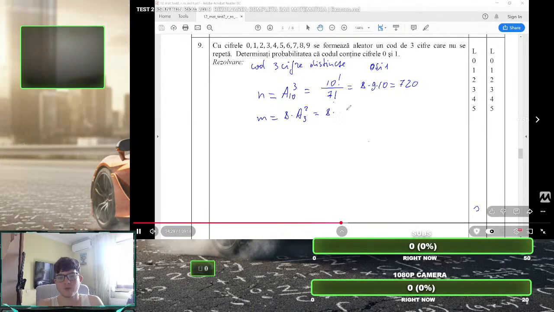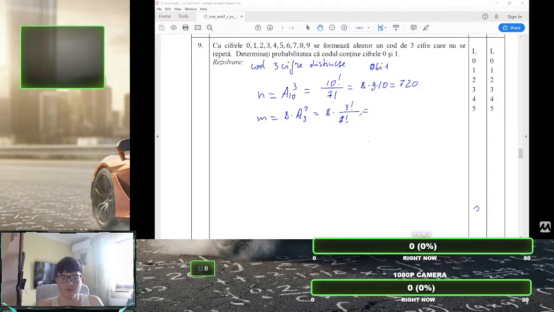Let's skip through. He did 8 times arrangements of 3 take 2. Well, yes, that makes sense, but I would take another approach here. He's done it way too short and it's not really clear.